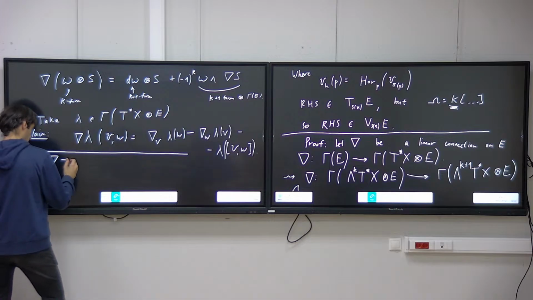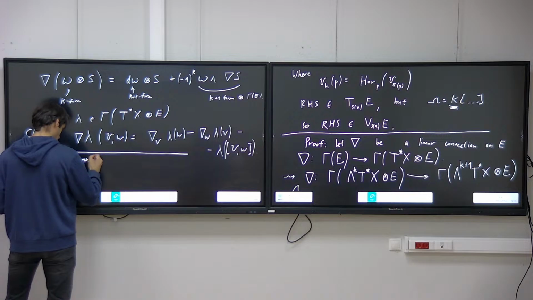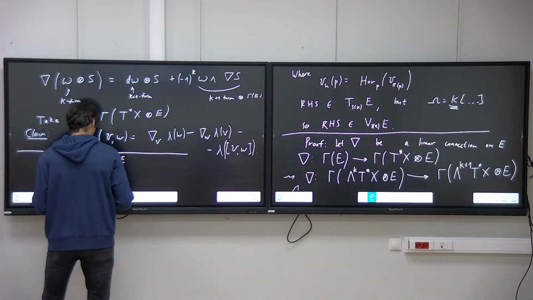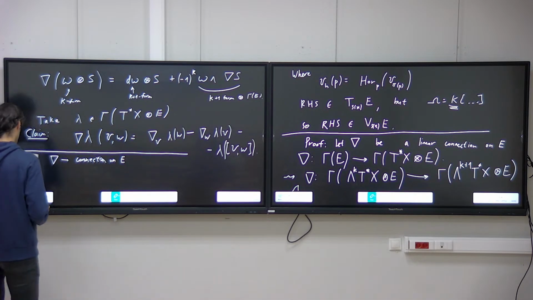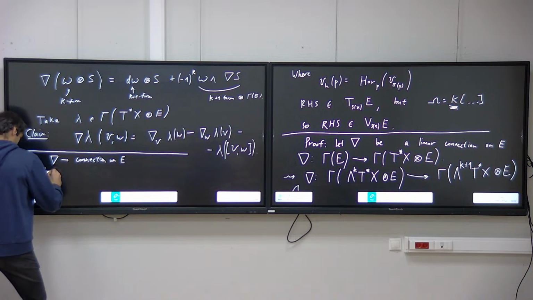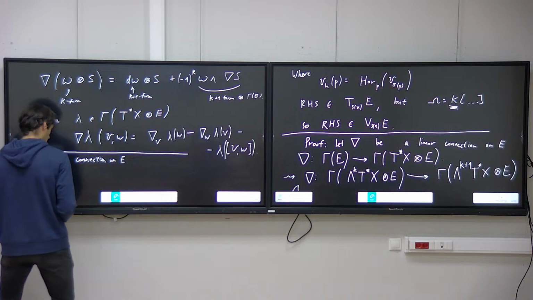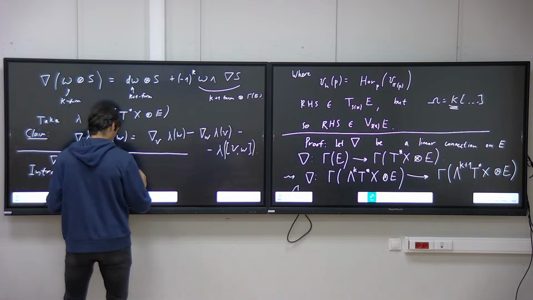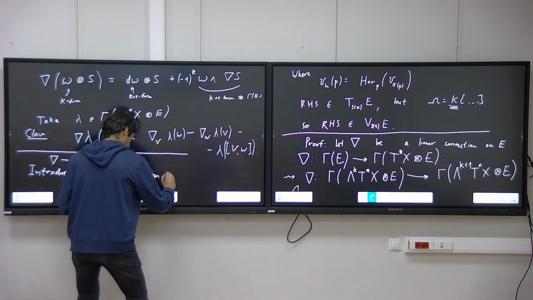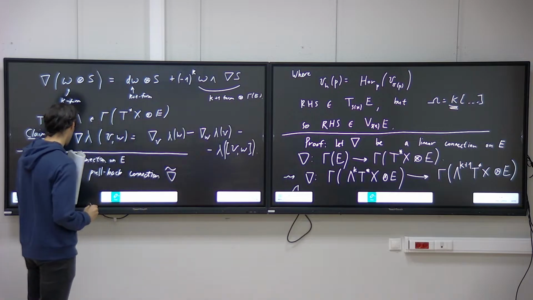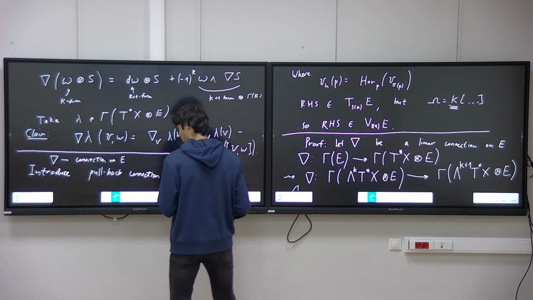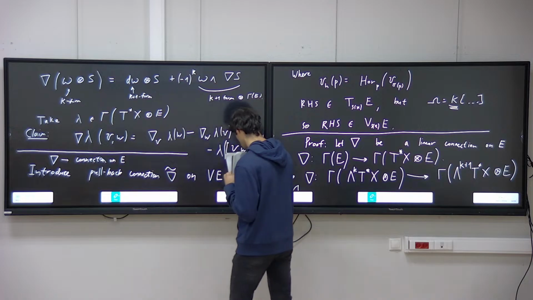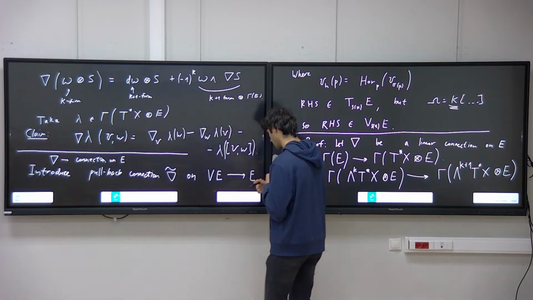This is my connection on E that I started with in my theorem. And then I would like to introduce what's called the pullback connection, nabla tilde. This will be a connection on another vector bundle, which is VE. VE, as we know, is a vector bundle over E.